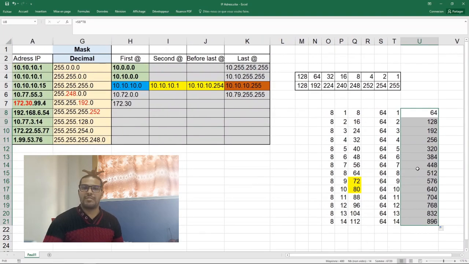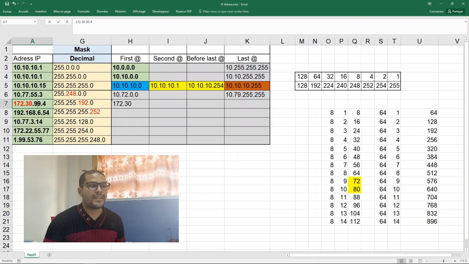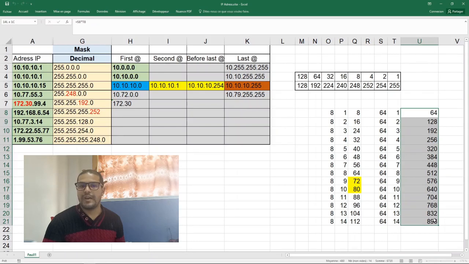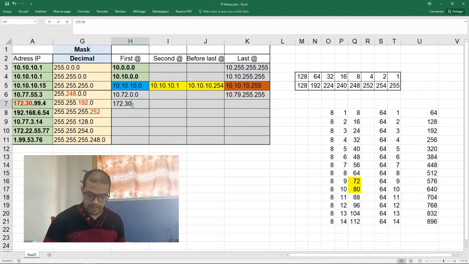And we're going to do the same thing that we did before. We're going to look at the number that doesn't exceed 99. We're going to check out these multiples and look for the number that doesn't exceed 99. The number that doesn't exceed 99 is 64. So here it goes 172.30.64.0.